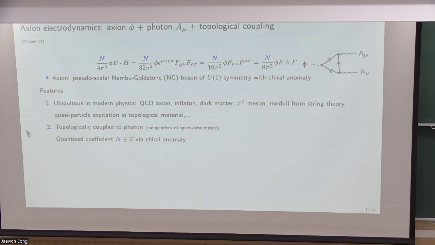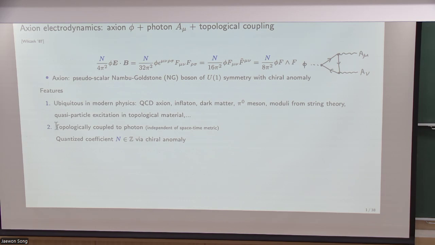So let me begin with the introduction. In this talk, I mainly consider axion electrodynamics. This is a system with an axion and a photon and the topological coupling between them.